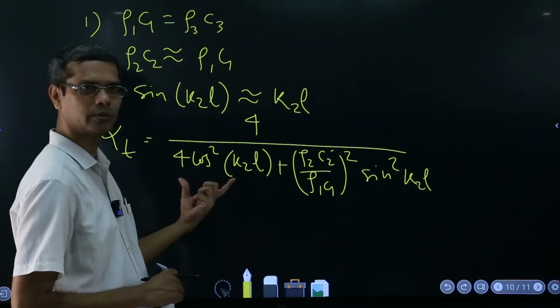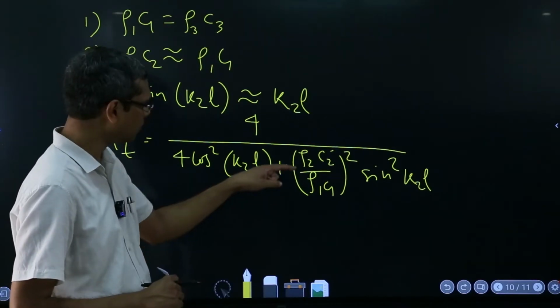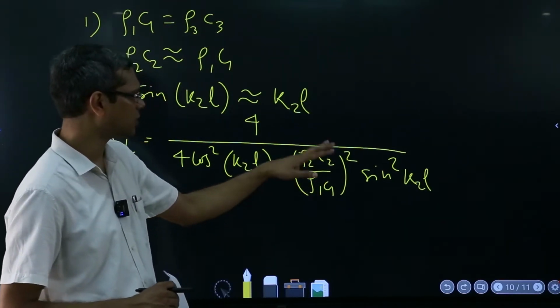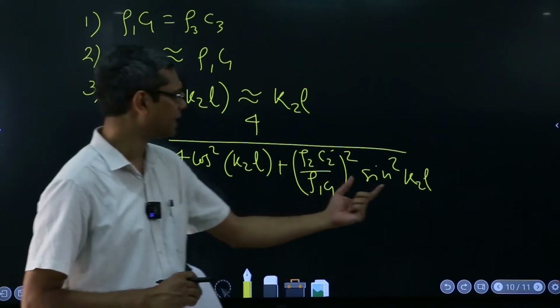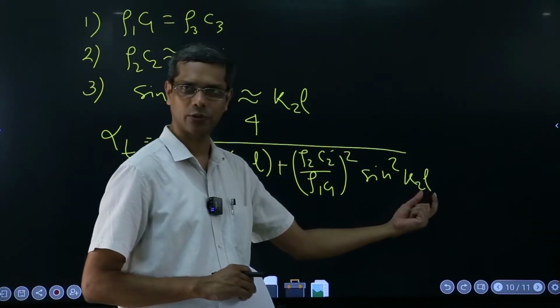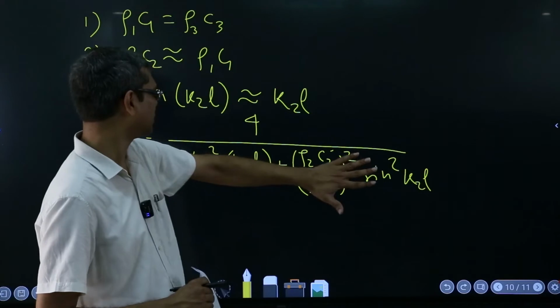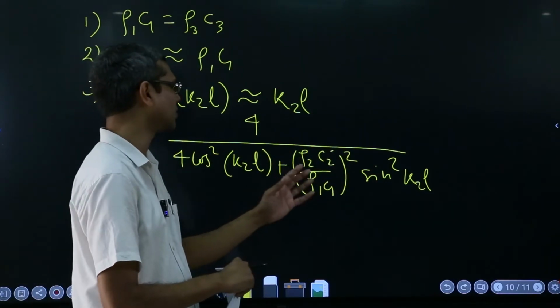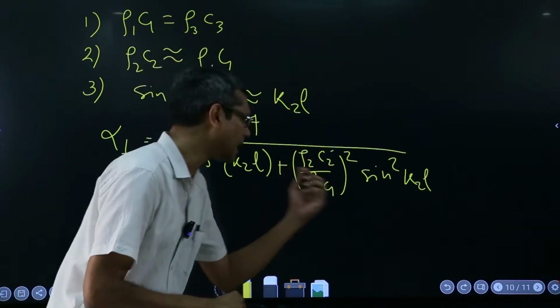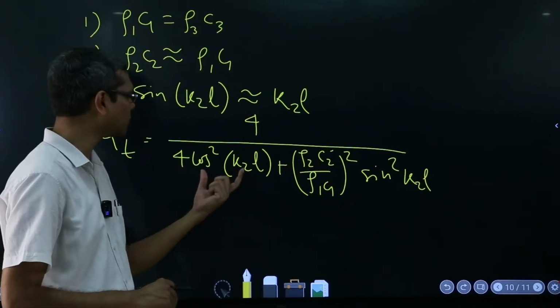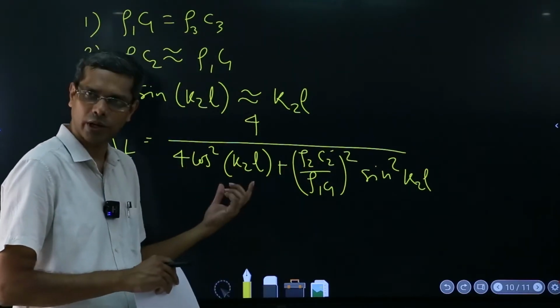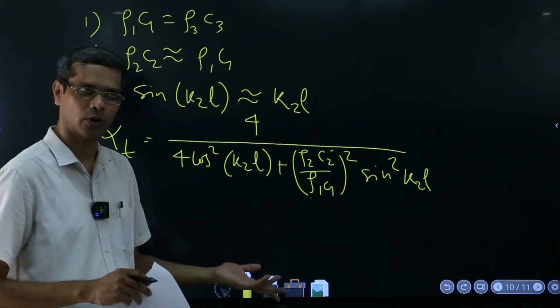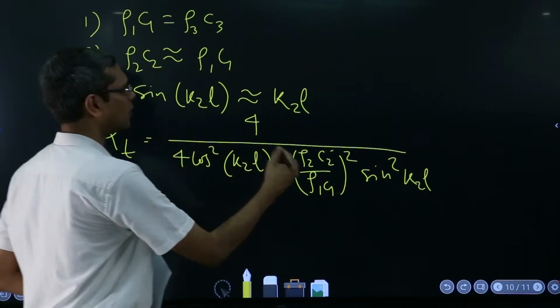But now they have become almost comparable, and this is a small number because K2L is small. So this term is negligible, and cos squared K2L almost becomes 1 because K2L is very small.